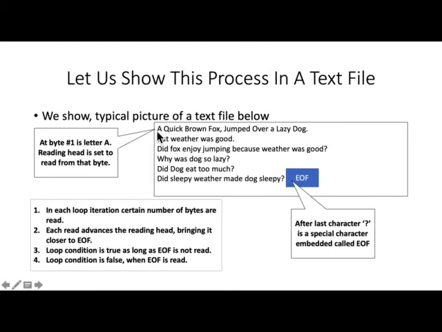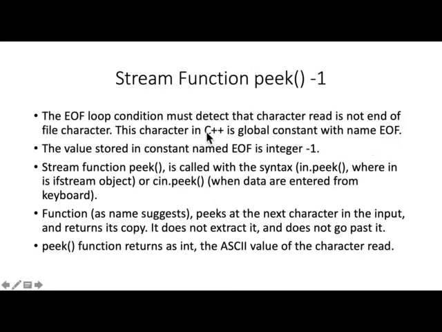In an empty file it is right here. As you type, it keeps moving towards higher and higher byte values. In this file, I typed up to here, so it's going to be right up there. So it's always after the last character you typed. Okay. So this EOF character is embedded in every file, and it's a constant named EOF. It's global in scope, and it's an integer whose value is -1.